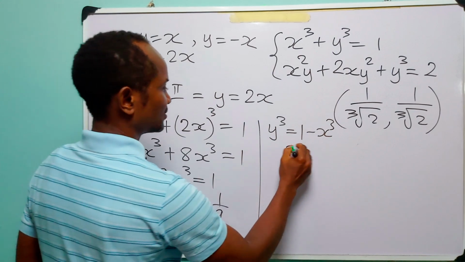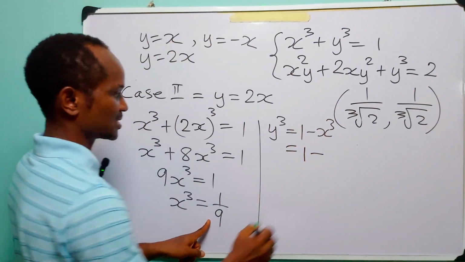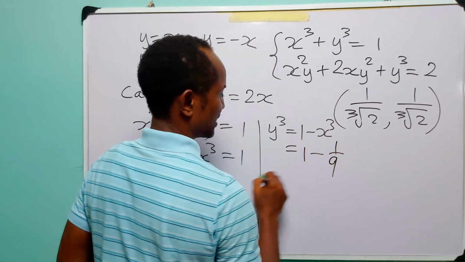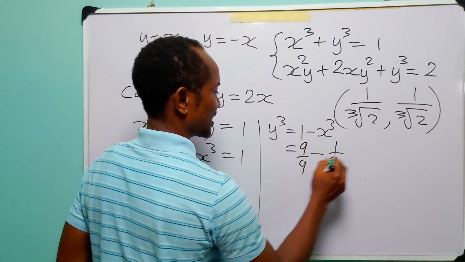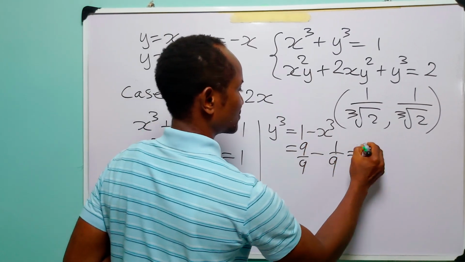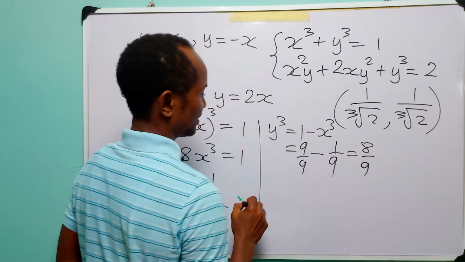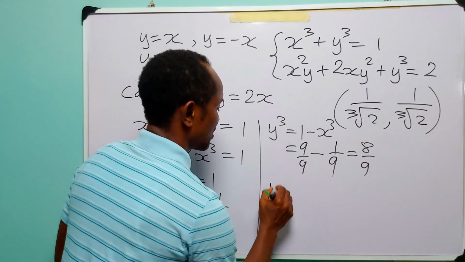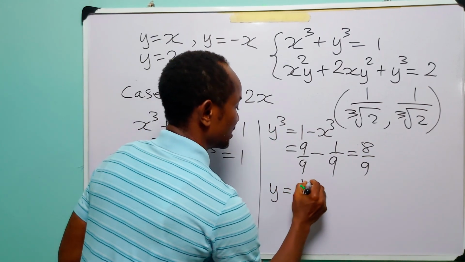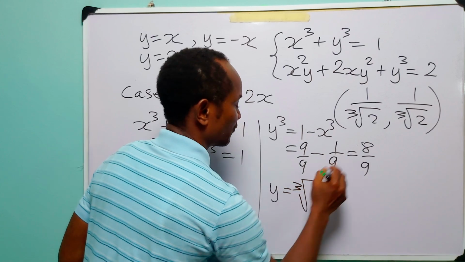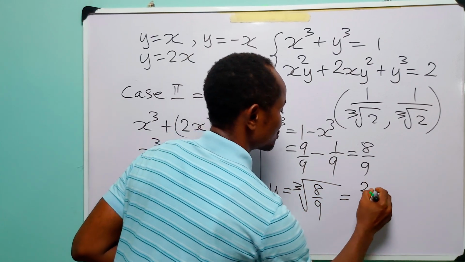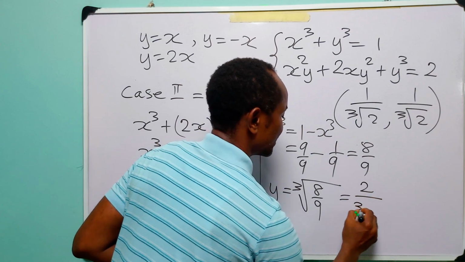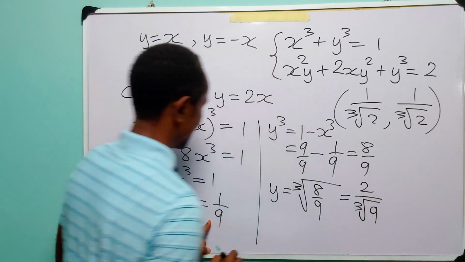So that is 1 minus 1 over 9. But of course, this can be written as 9 over 9. So this is equal to 8 over 9. So from here, we have that y is equal to the cube root of 8 over 9. And of course, this is equal to 2 divided by the cube root of 9.